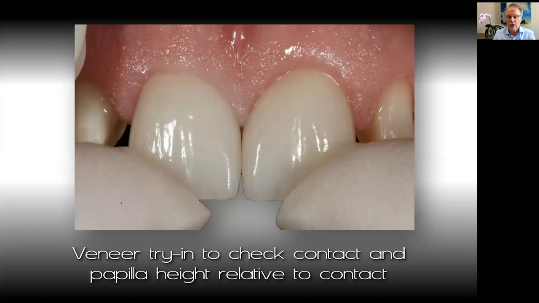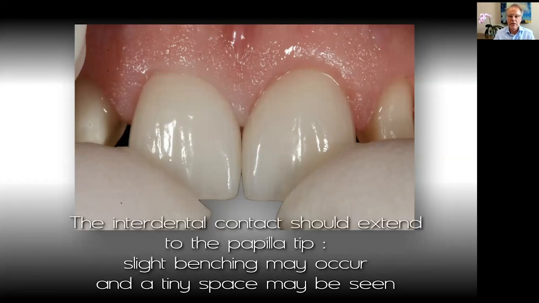And you'll notice here there is a tiny little space. And you can also notice that there is slight blanching occurring because the anatomic form I create on the veneer will be slightly different than that of the provisionals. So that slight blanching in that tiny little space, I'm confident that that papilla will fill in that space.